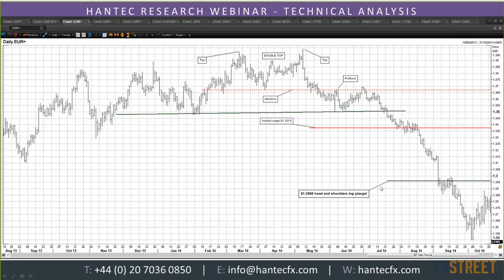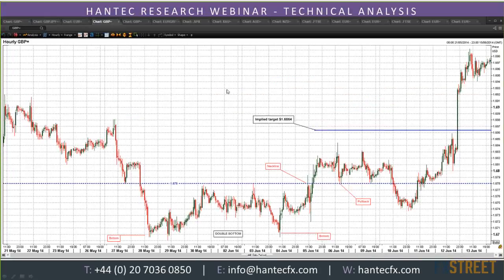And here's a double bottom with your one low, two lows, and then breaking to the upside. Subsequently, you've got an implied target, which is, again, the projection of your neckline down to the bottom, projected higher. And again, you've got a pullback here. You actually get a couple of pullbacks and then a move below the pullback.